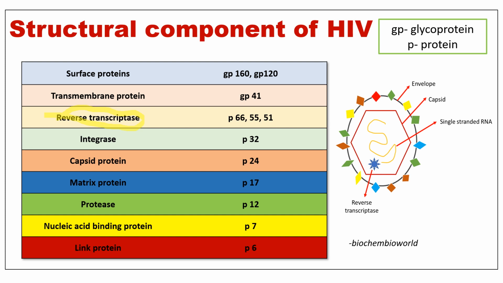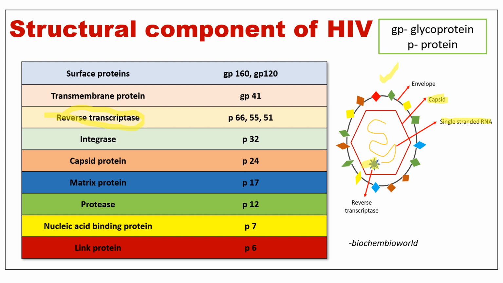Here on the left hand side, we can see a very general diagram of a retrovirus. It usually has a single stranded RNA as a genome, which is enclosed in the capsid. This genome is enclosed within the capsid, which has the capsid proteins, and it has the enzyme reverse transcriptase and an integrase as well.